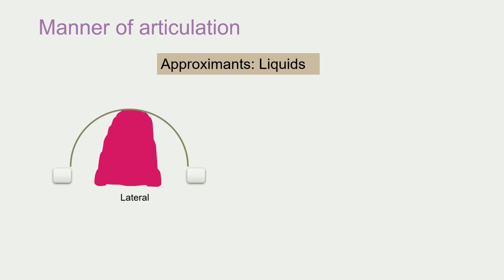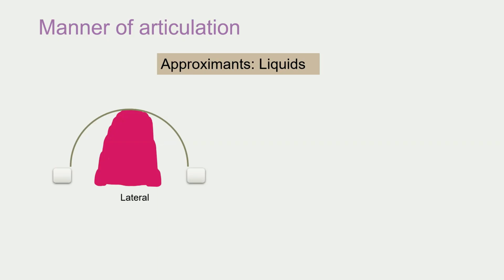Now, there are two different types of approximants. There are things that we call liquids and things that we call glides. Now, the liquids are, just like we've just seen when we were talking about the L sound, the liquids involve a contact with some part of your vocal apparatus.